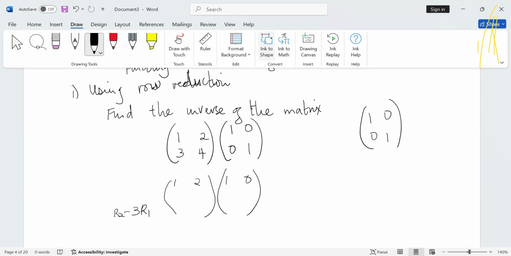So row 2 minus 3 row 1. Row 2 is this one, 3 minus 3 row 1. 3 times 1 is 3. So 3 minus 3 will just give us 0.